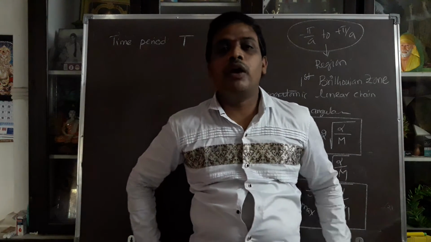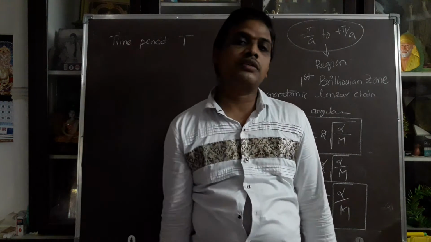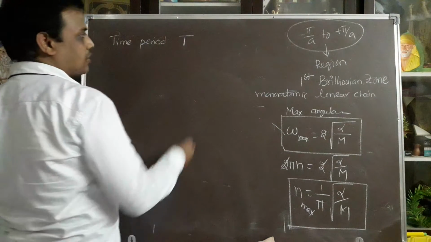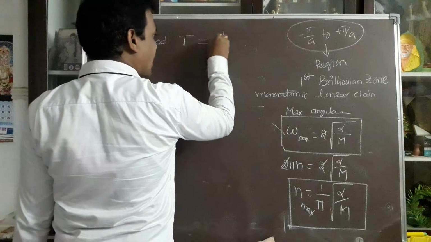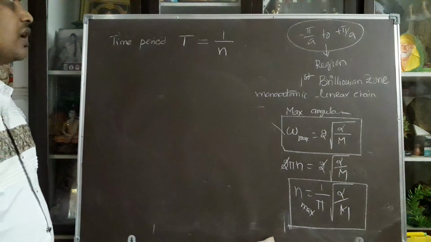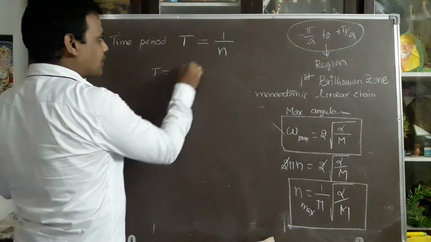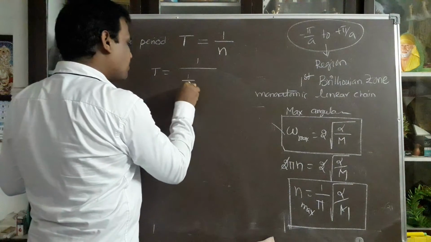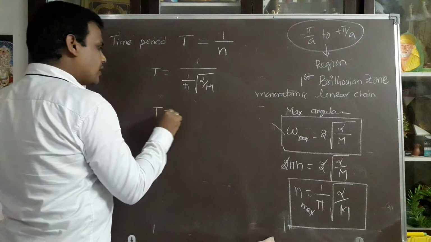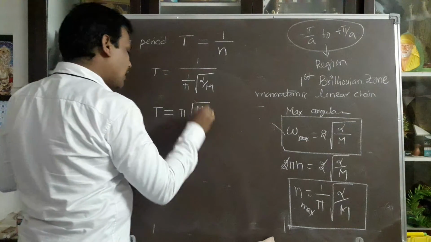What is the relation between time period and frequency? The time period is simply the reciprocal of frequency. Here we have the frequency, so the reciprocal is 1 by pi into square root of alpha by m. Then the time period is pi into square root of m by alpha.